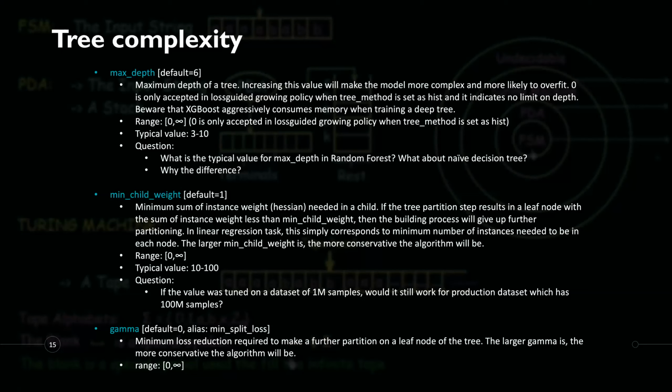If we have 1 million samples, and we say, okay, in order for the tree to split, we want at least 30 samples on a node. But all of a sudden, we proportionally increase the samples from 1 million to 100 million, right? So this value could change. The optimal value for min child weight could change.